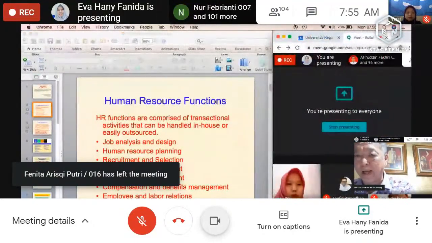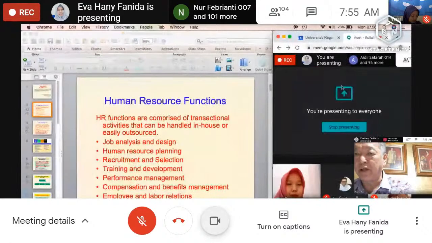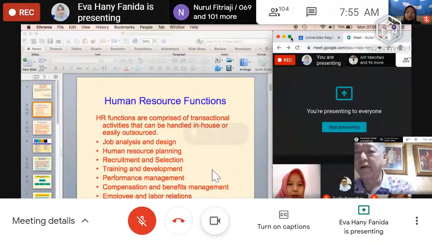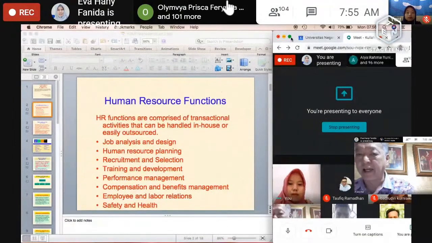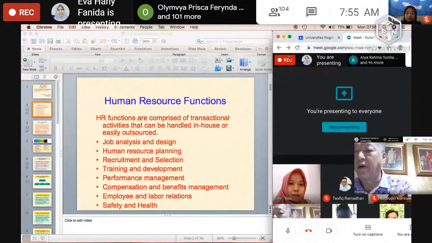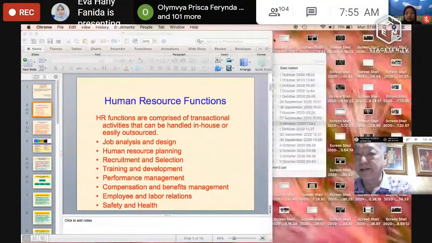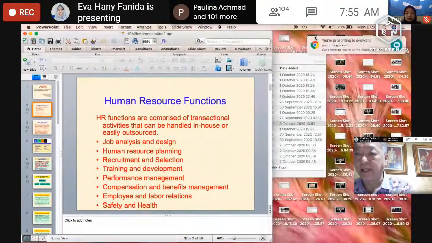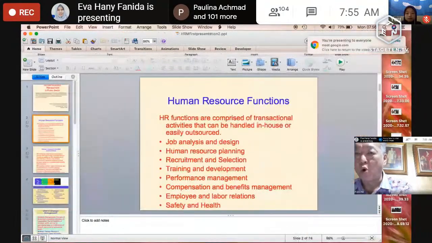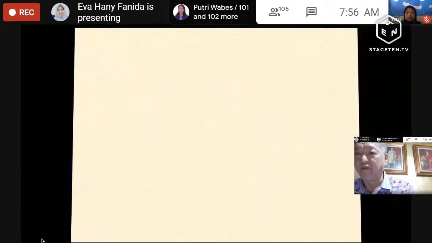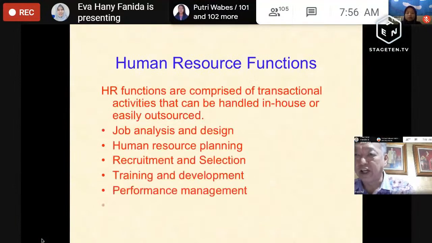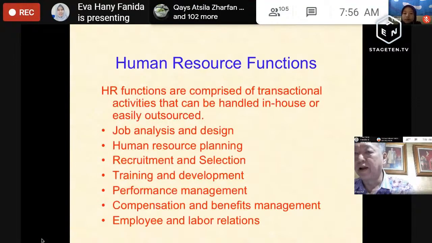But in American or Western texts, they usually pay much attention to safety and health, because it is good for the employees, and they also try to avoid the cost of dangers in the company or organization.